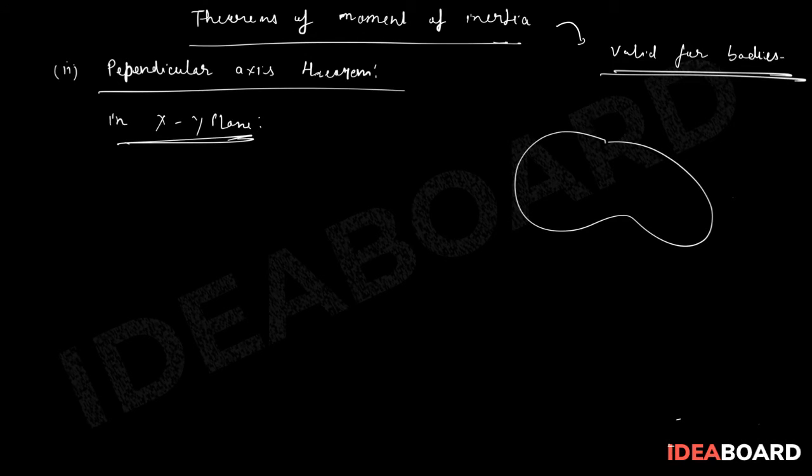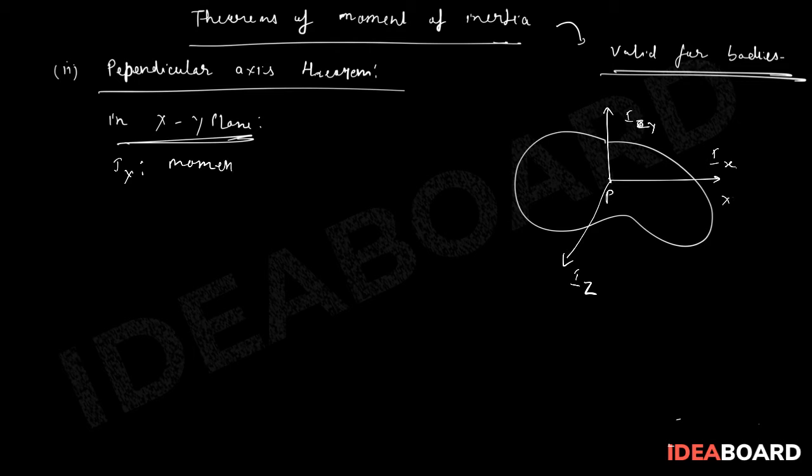Okay, then suppose there is a point, let's say any random point P. So let's say this is x-axis, so you can say IX, and then let's say this is Y, because y-axis generally we take, and this is perpendicular axis IZ, right? So first of all define the axis.